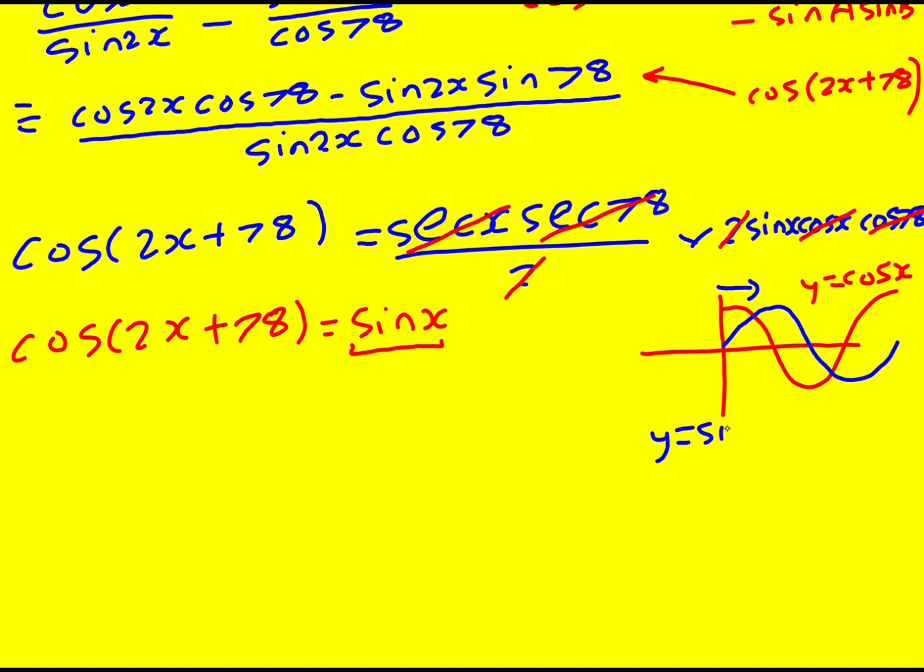So y equals sine x is equal to cos x minus 90. Is that right? Let me just check. Yeah, that is okay. And therefore, this is equal to cos x minus 90.